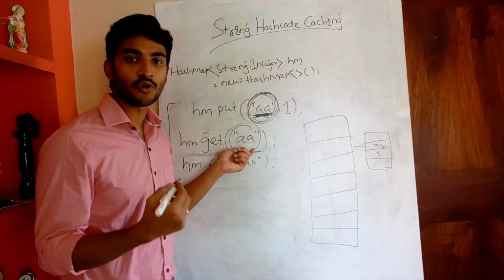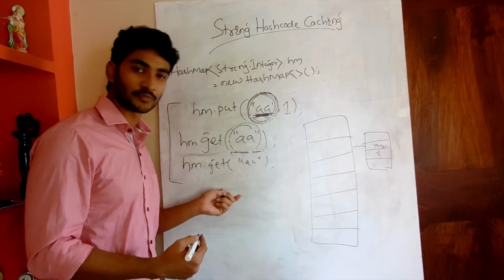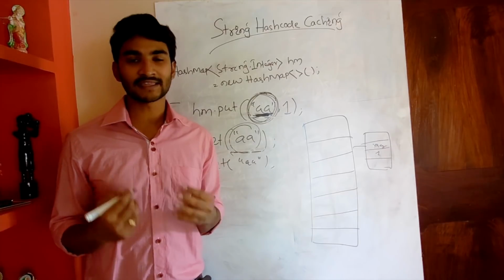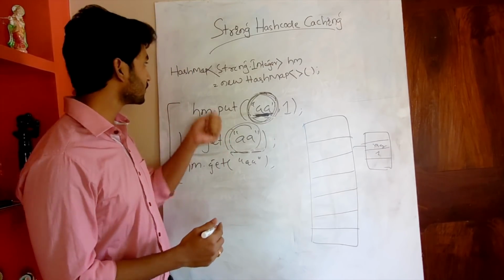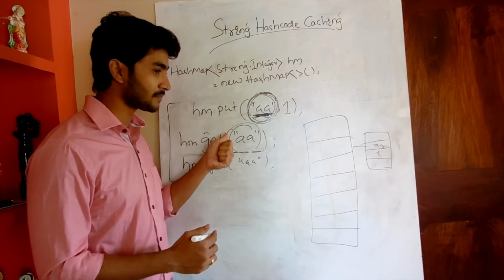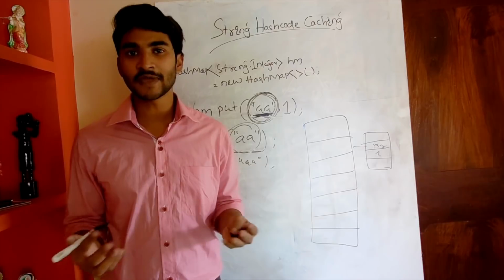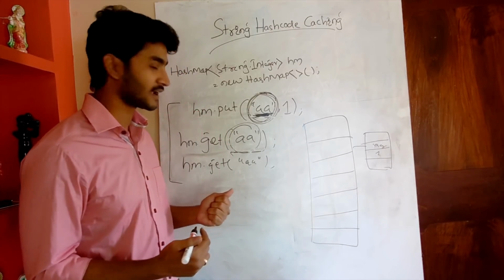There is no further computation of the hash code needed for this get operation. This saves us a lot of time and makes things really fast. This is why we use string as a key in the hash map: because string caches the hash code, and this is really beneficial for faster retrieval or faster insertion.